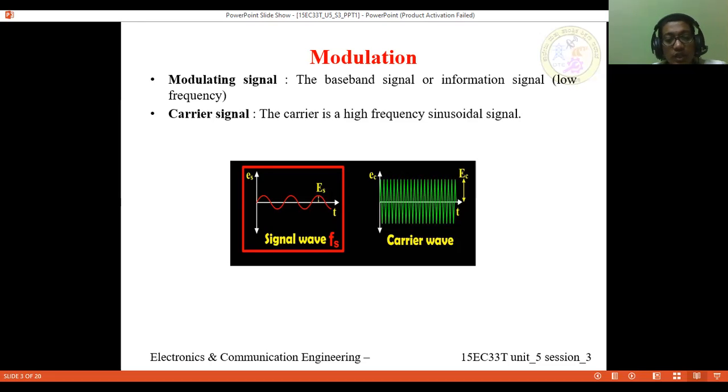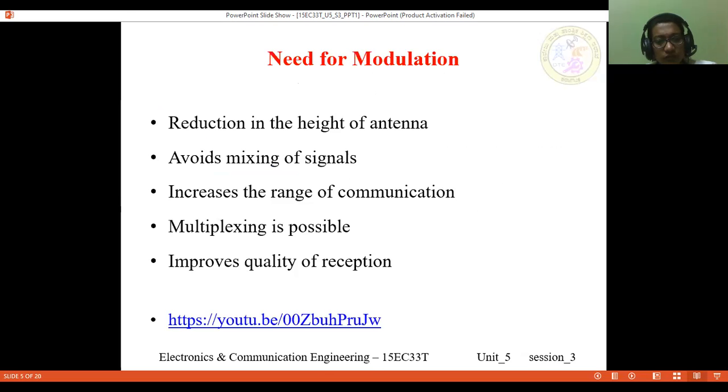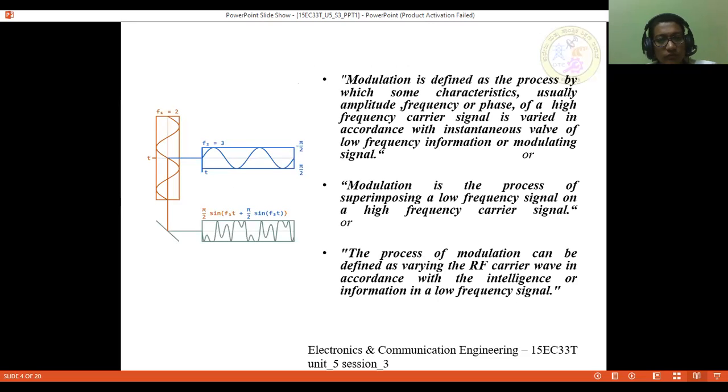You can see in the diagram there is a low frequency signal. We can call it an audio signal, a low frequency information signal, a message signal, or a baseband signal. We are going to superimpose that on a high frequency carrier with a certain amplitude and frequency.